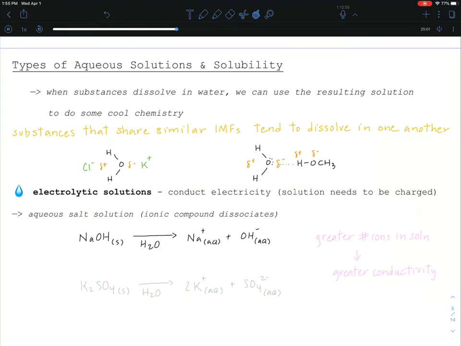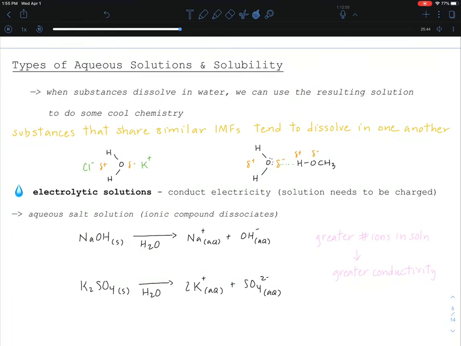What if I had another kind of salt? What if I took, say, potassium sulfate, K2SO4, solid. What if I decided to dissolve that into a glass of water? What do I get? Well, I'm going to get 2 moles of the potassium ion and 1 mole of sulfate, all in solution. Here's the deal. The more ions you have in solution, the greater the conductivity of that solution.